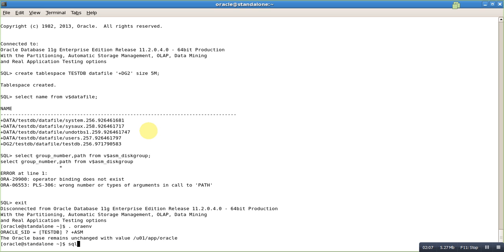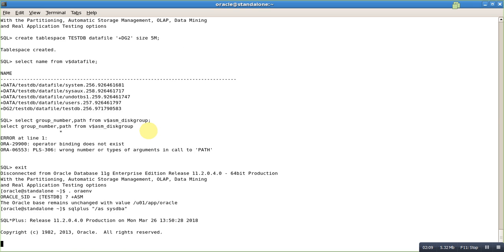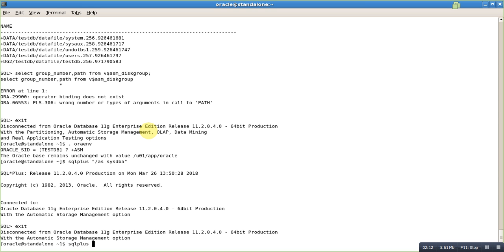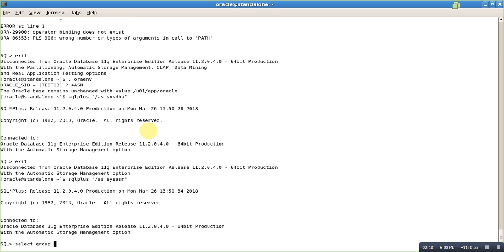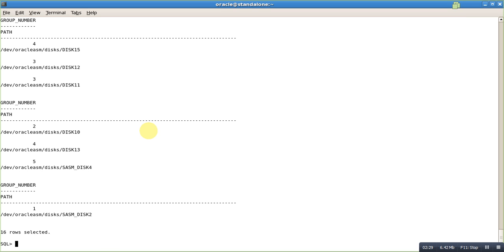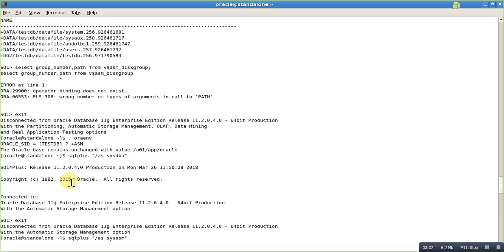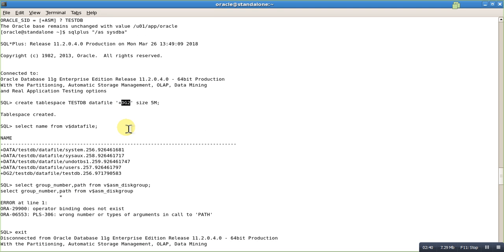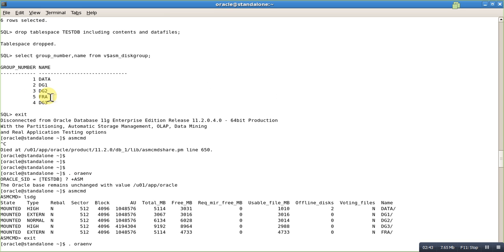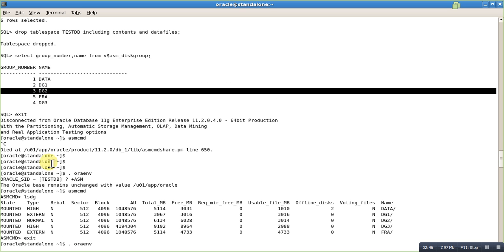Let me connect back to the ASM instance. So we created this data file in DG2, which is a group with the group number 3.